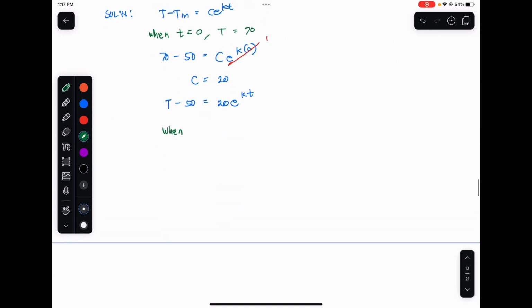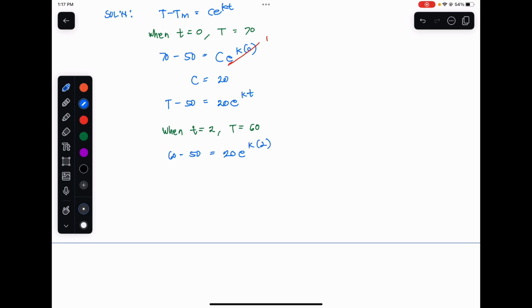degrees Fahrenheit. So when t is 2, the temperature is 60. We substitute: 60 minus 50 is equal to 20 e raised to K times 2.